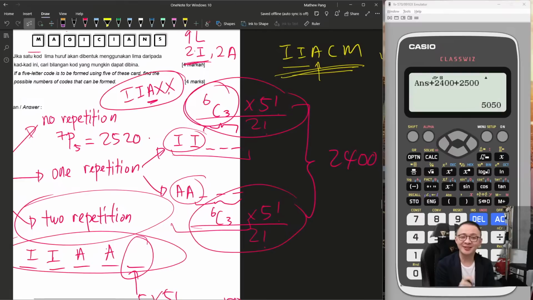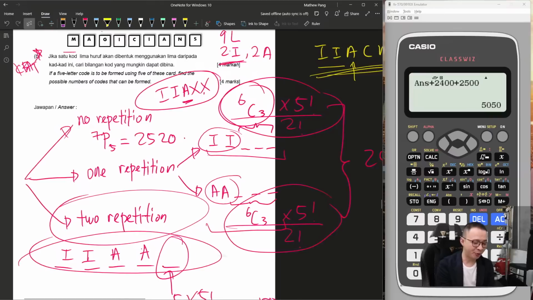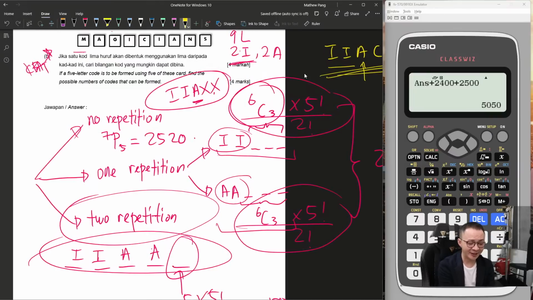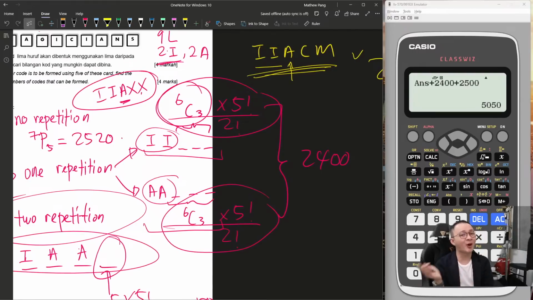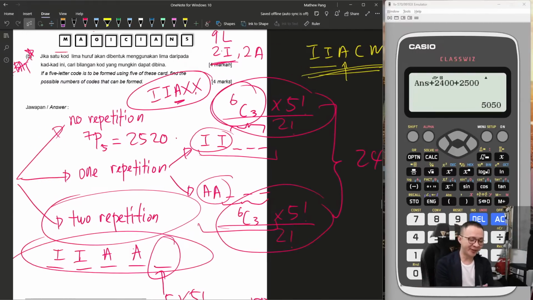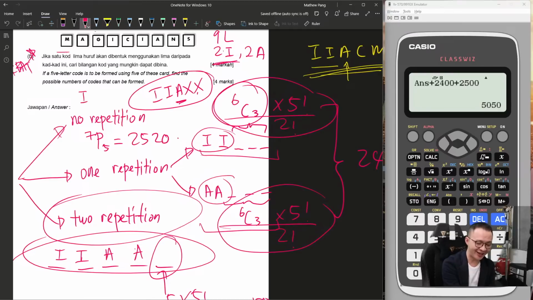Yeah, because you got the point. 1A and 1I, we actually put in the no repetition part, right? But in the no repetition part, there's no example of 2I and 1A, because with no repetition, we can only have 1I and 1A.